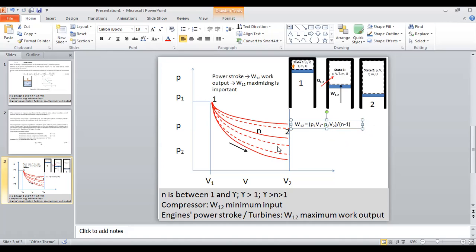So this is very general. You have different n values. Based on the different pressure values at 2, P2 is different, but P1 is mechanically fixed, and V2 is mechanically fixed, so your P2 changes.